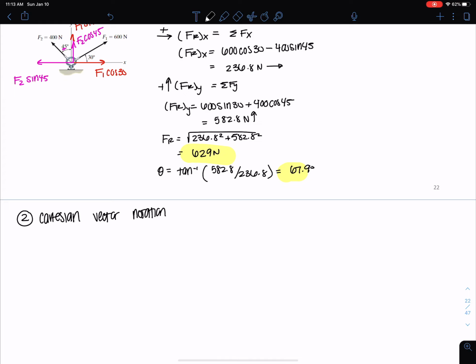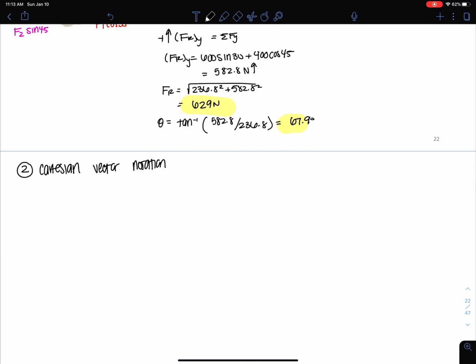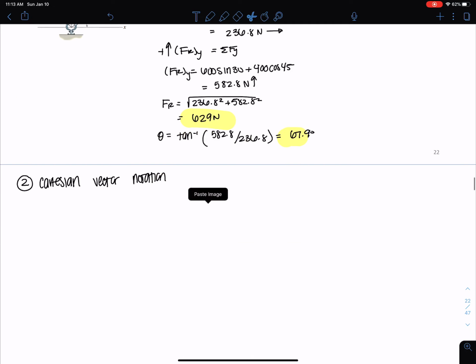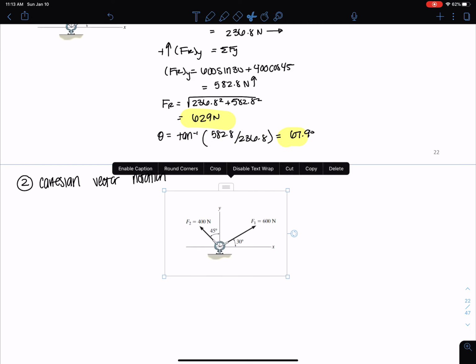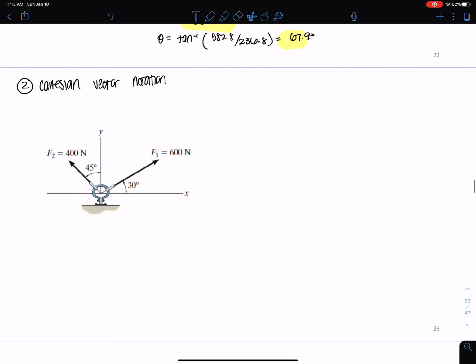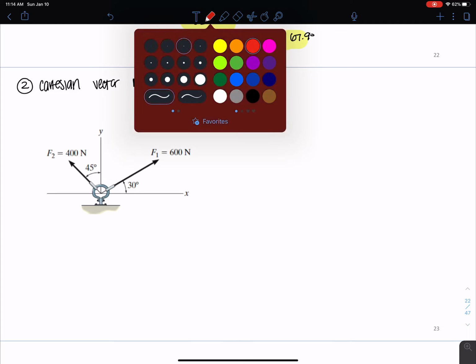So we did scalar notation, now we're going to do vector notation. So what I'm going to do, let me copy this image. Okay, so what I'm going to do here, I'm not going to actually have to draw on this. You still need those components, the 600 cos 30, 600 sine 30 actually. So I probably should have just left those on there, but you know what?